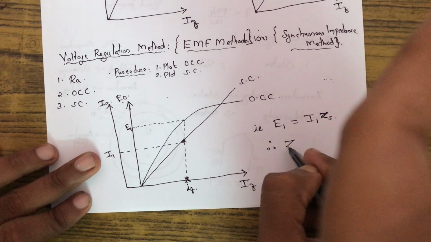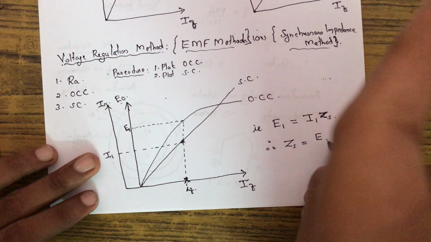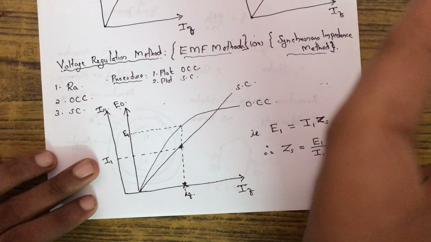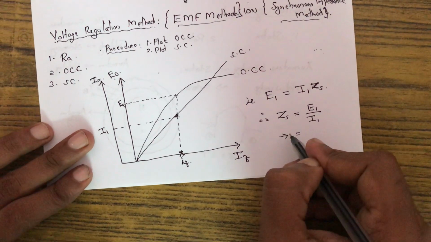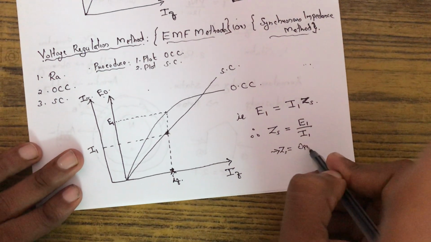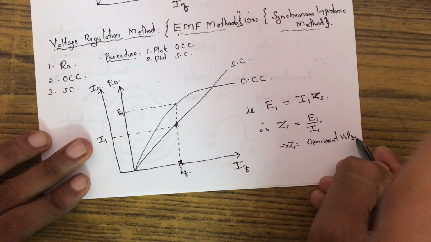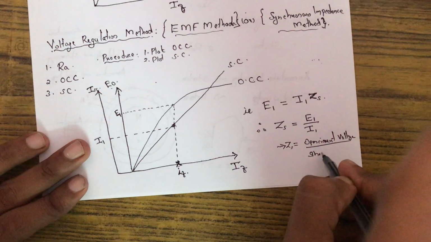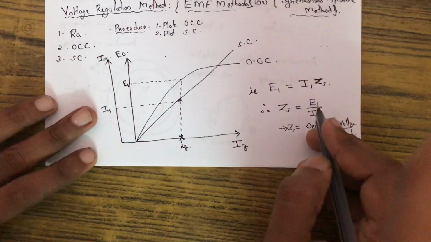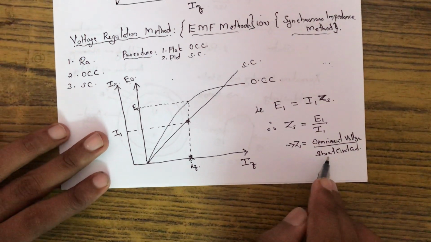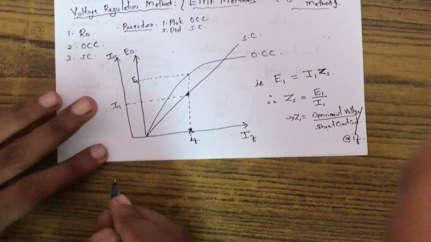Therefore we can find the value of synchronous impedance ZS is equal to E1 by I1, that is, the open circuit voltage E1 by the short circuit current at a particular field current IF.